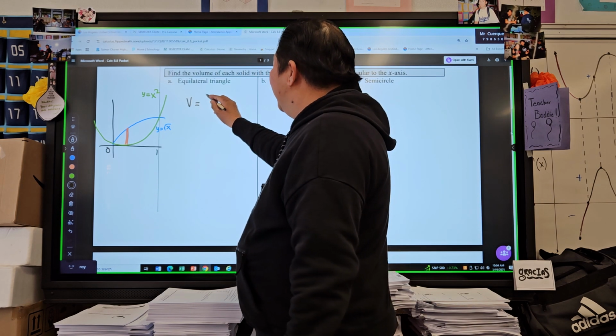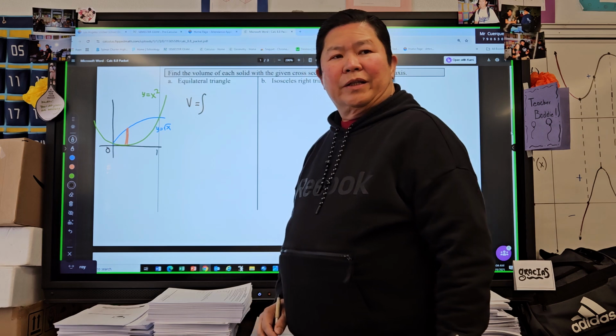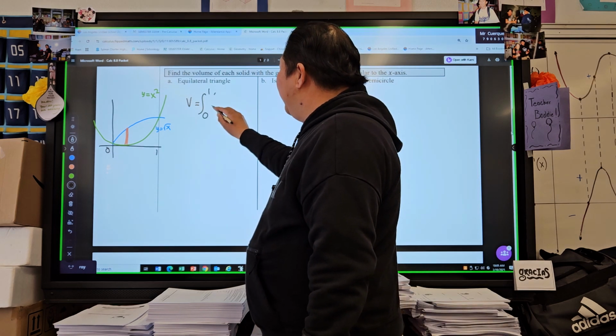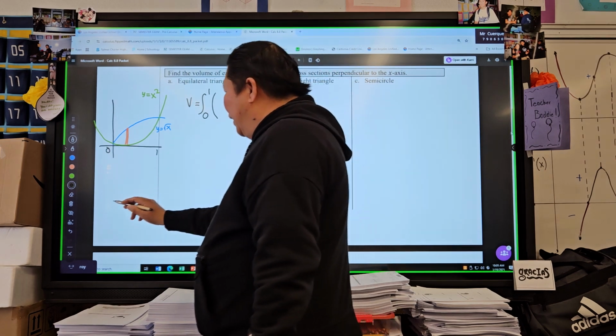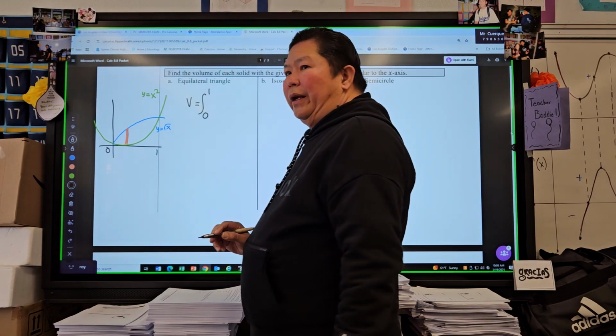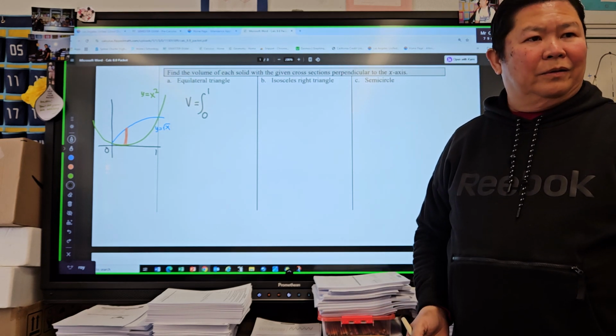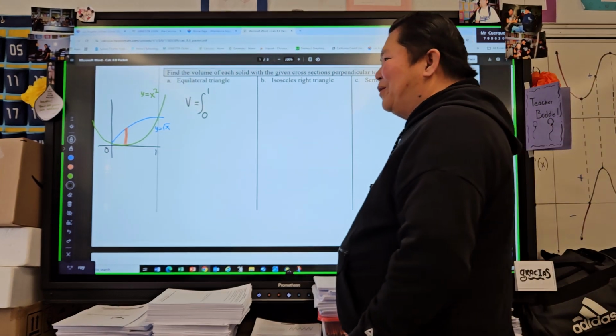The integral, and what's the limit, guys? From 0 to 1. Then what's next? Now you do the equation. So what is that equation?